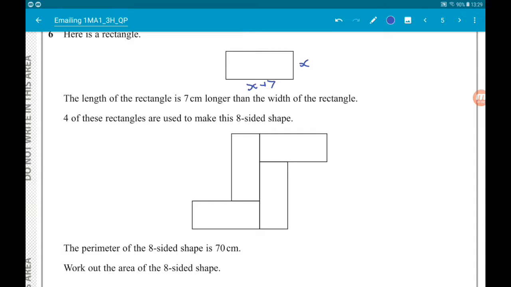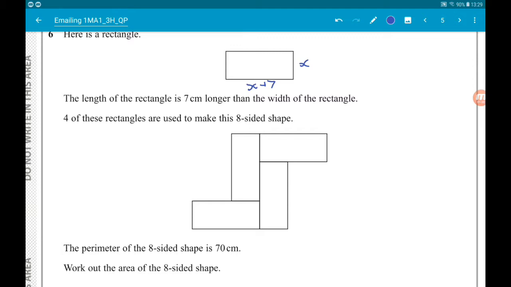So what we need to do is form an equation using the fact that we know the perimeter. What that's going to allow us to do is find the value of x. When we know that, we can then find the area of the rectangle.